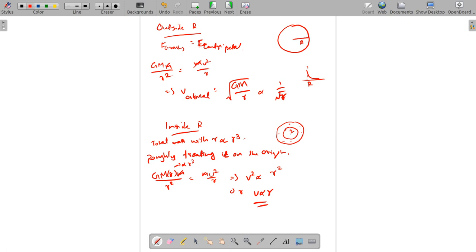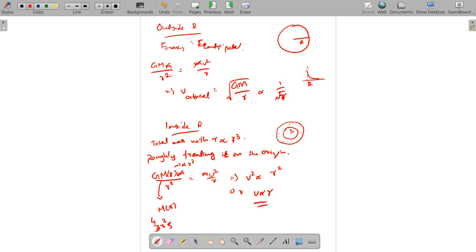So here you can again take the orbital picture, but now the M in GMm by r square, capital M, is a function of r. As you increase r, it's 4 by 3 pi r cube, the volume of that sphere, times your uniform mass density.